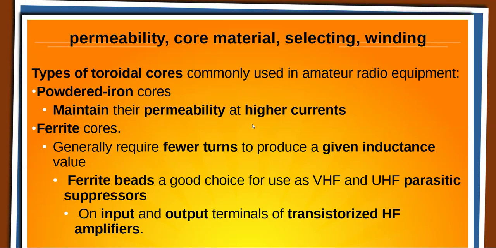One reason to use the ferrites is you get a lot more inductance because of much higher permeability, but you do have the temperature issue. The ferrite beads, which are typically a smaller toroid, you'll see on a lot of leads, power leads, things like that to get rid of parasitics. You see it a lot in the VHF, UHF radios internally.